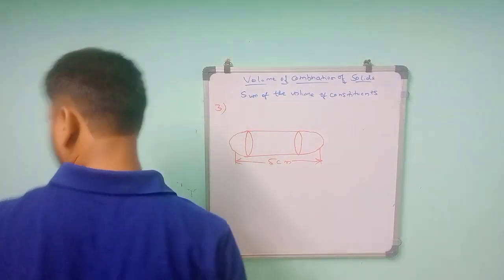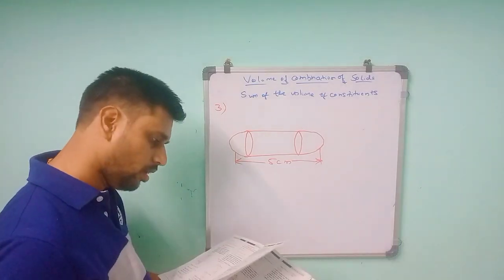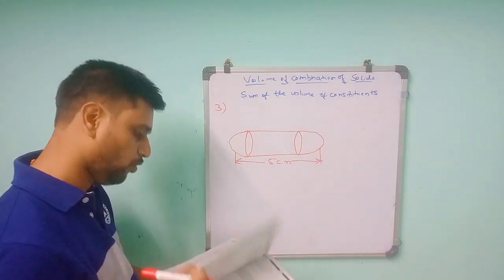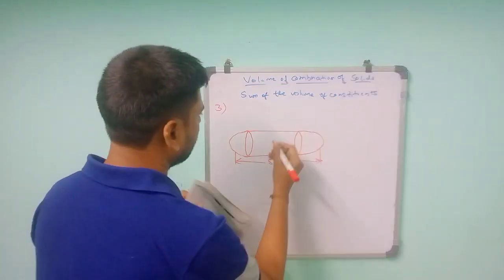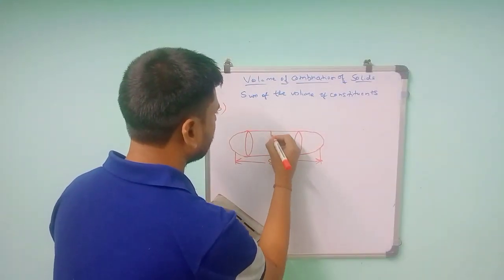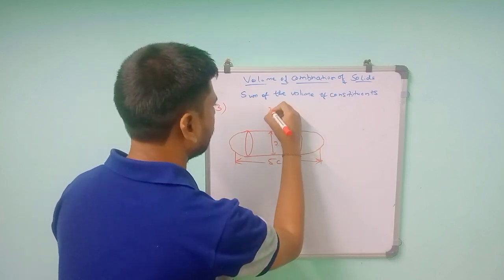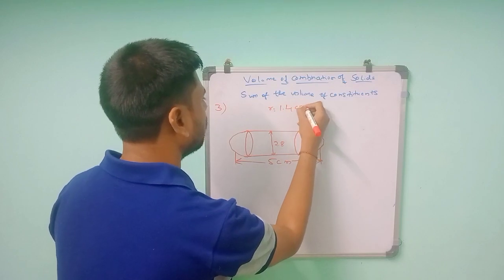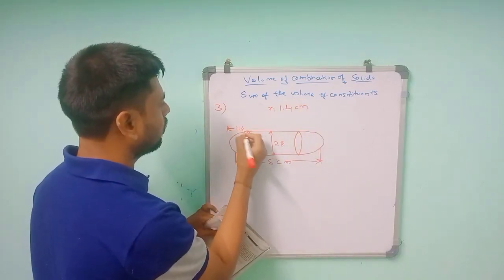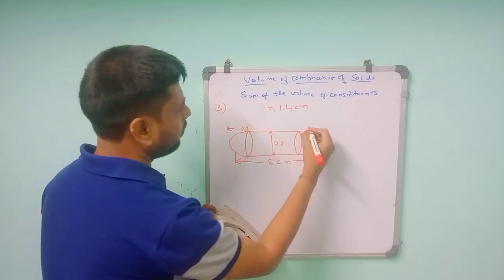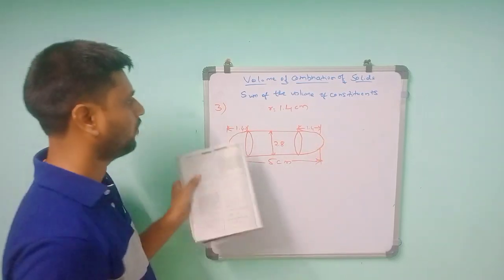So in this they have given the length as 5 cm, and the diameter is 2.8. So 2.8 means the radius will be 1.4. So this side is 1.4 and this is 1.4, and this is 1.4 and this is 1.4.